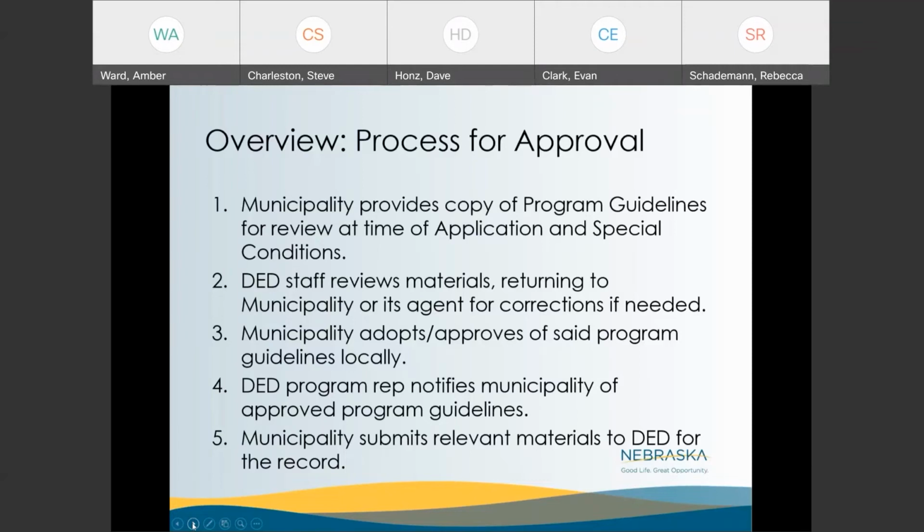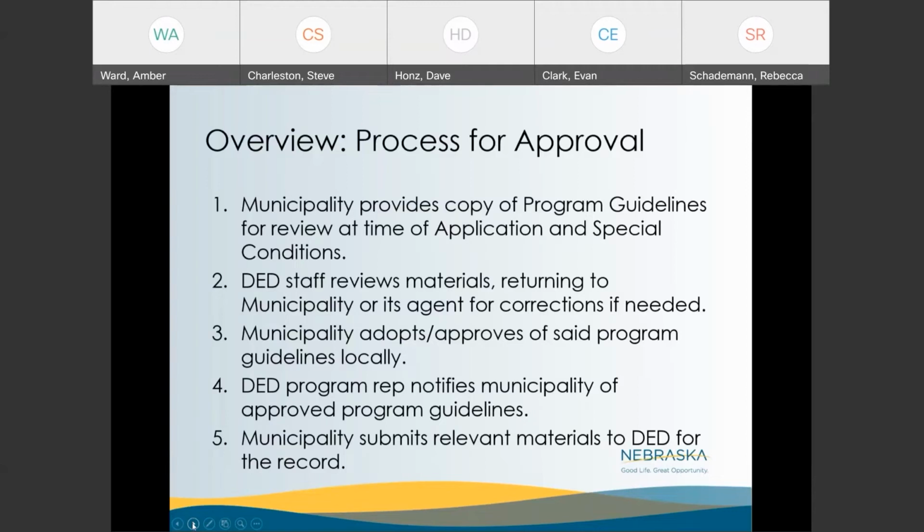your program guideline materials, and we will return to the municipality or its agency if any corrections are needed. As I mentioned, there is also a self-review checklist that applicants or communities go through, and they identify on the checklist the page number where each requirement is included, so it's easier for DED to review the program guidelines.